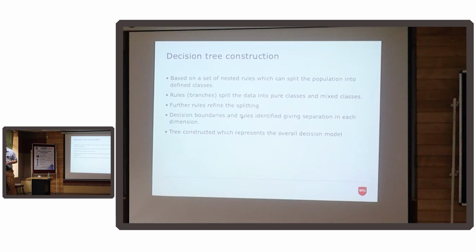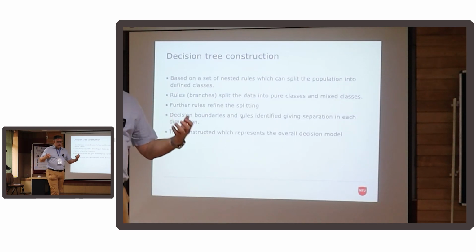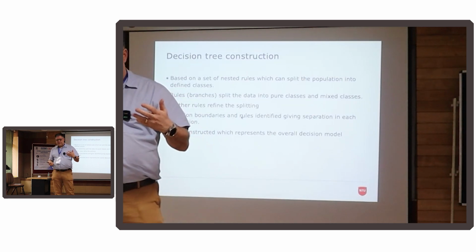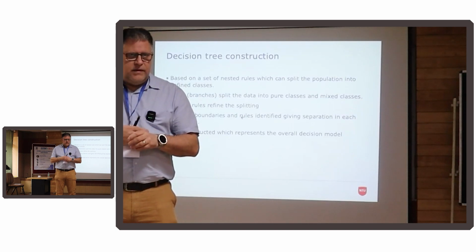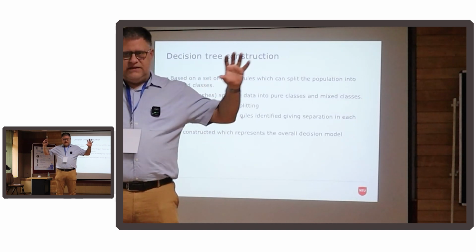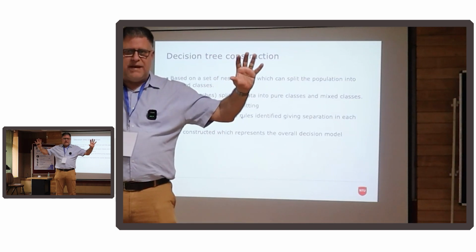So a decision tree is effectively a set of nested rules. We look at an individual in the population, and look at the population and say, can we split that population with a rule into one set of individuals and another set of individuals? The first rule will split into probably a pure class and a mixed class. It's very unlikely with a single rule we'll be able to split the whole population, and that would be like effectively two groups with a massive distance between them.